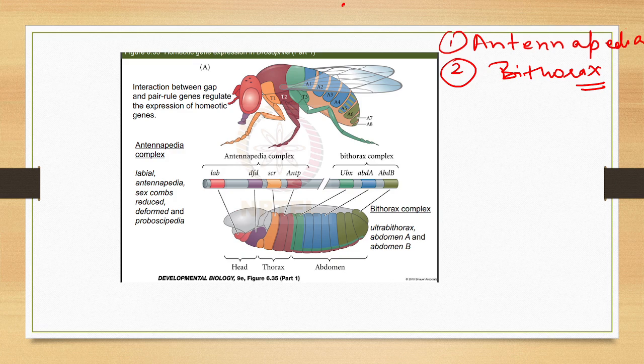Now, one interesting thing about the homeotic genes is that you see from left to right, this is the leftmost part and this is the rightmost part.